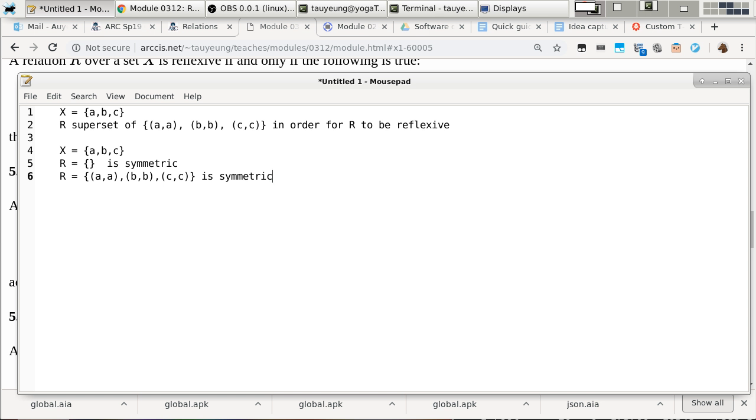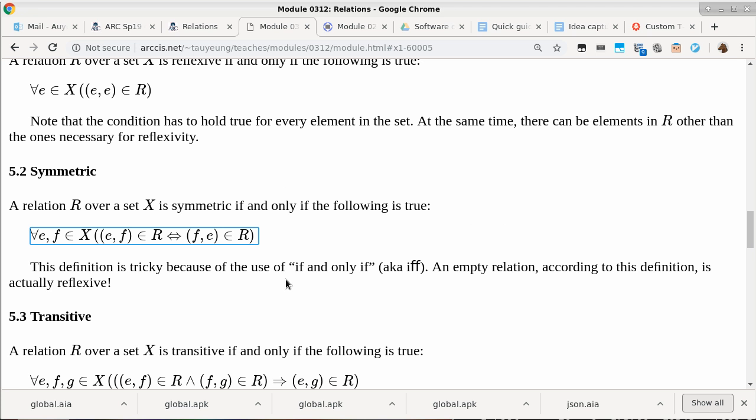I just so happen to choose the value A for both variables E and F in the expression. Does it make sense? Let's go back to the expression here. So if E is A and F is A, then AA is in that particular R. But you know what? So is AA. Is that okay?